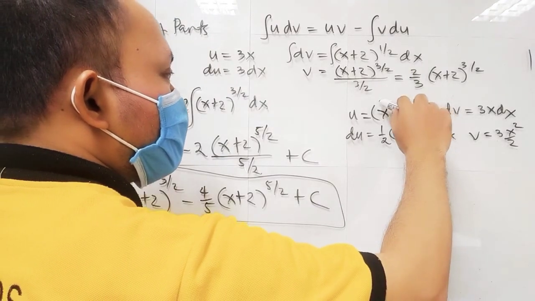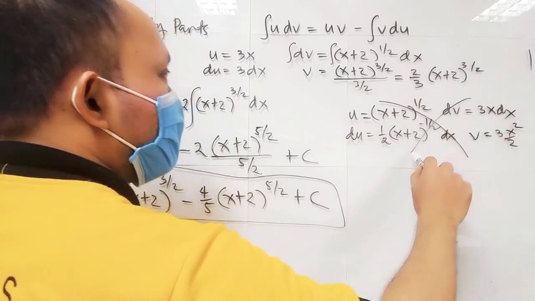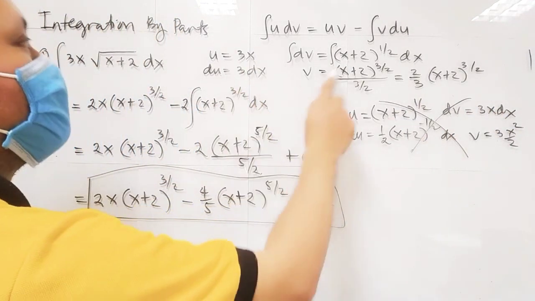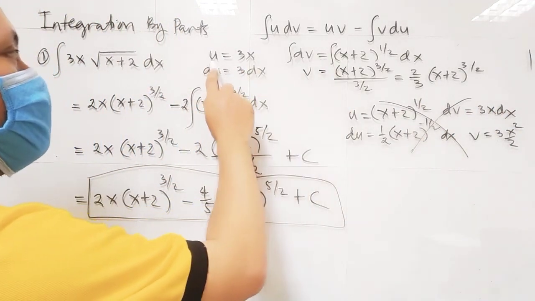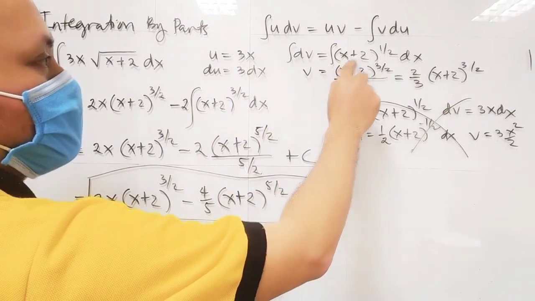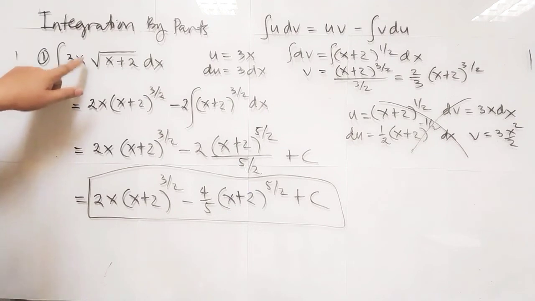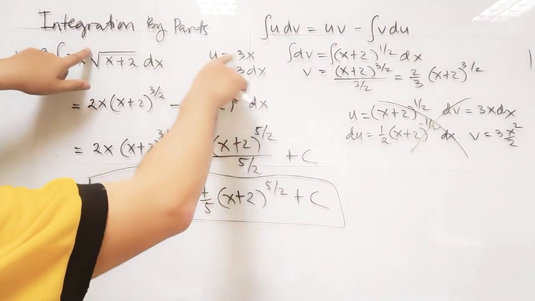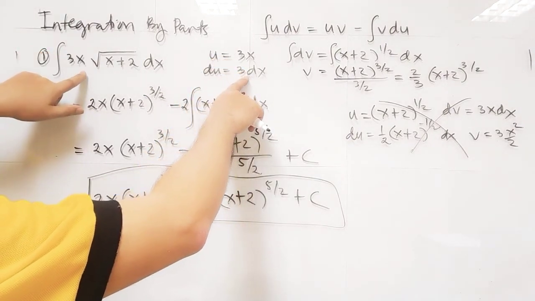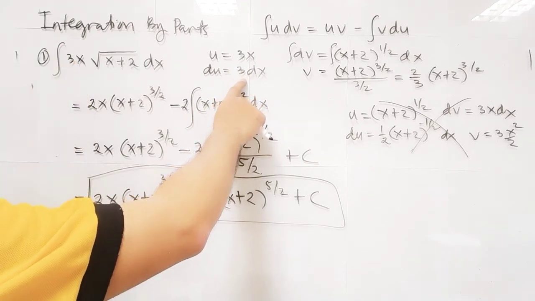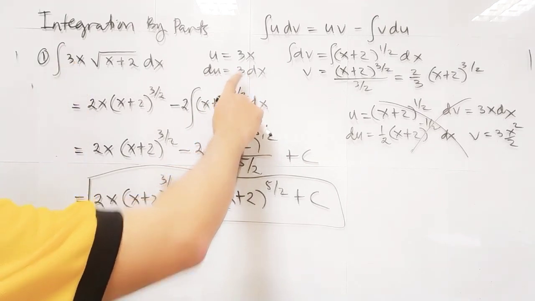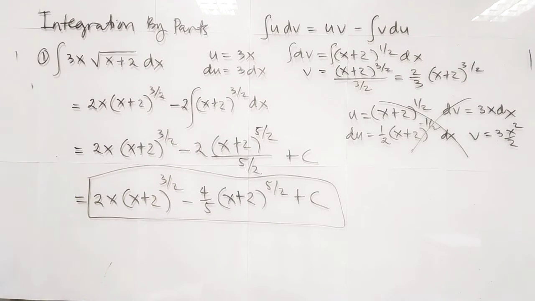We will not continue this part. Instead, we will use u as 3x, and dv as x plus 2 raised to 1/2 dx. Notice this one, our x is 1. When we take the derivative of x, you have here x to the 0. That is why we only have here 3.